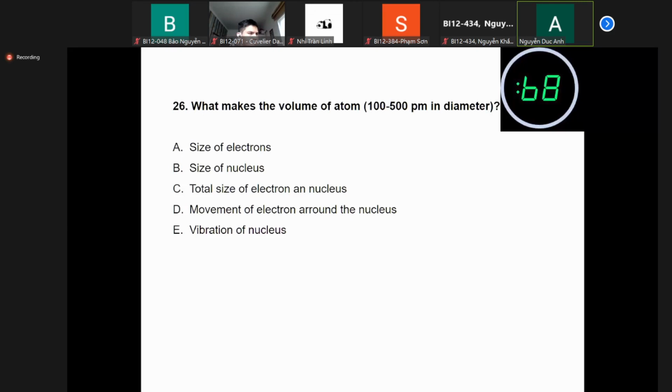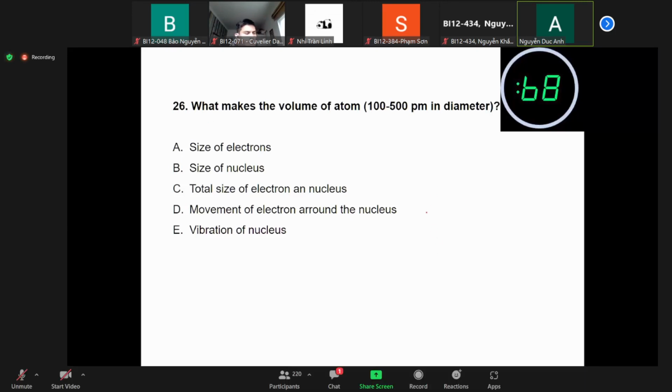Isotope is a set of atoms which have the same number of protons but different numbers of neutrons. Okay, so it means that in the isotopes you always have these values. Okay, let's write it here: 8, 16. You always have these values.